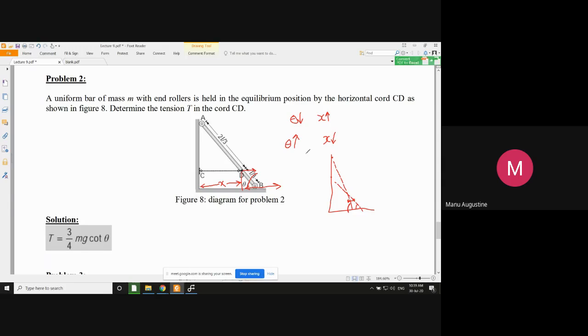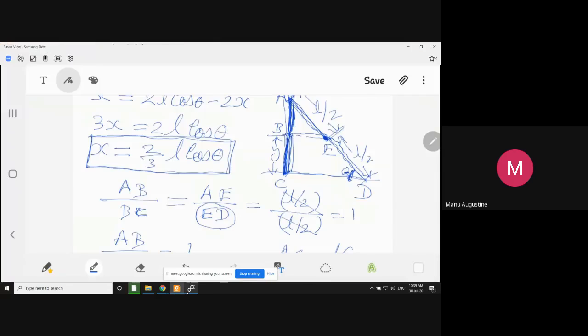So in any case, whether you increase theta or decrease theta, you will see that x is following a reverse relationship with theta. And therefore, whatever expression you have developed between x and theta is a negative relationship. So I will correct this relationship here and I will simply put a negative sign here. That is the correction that I need. So x is not 2 by 3 L cos theta, it is minus 2 by 3 L cos theta. So I have corrected the relationship for x.